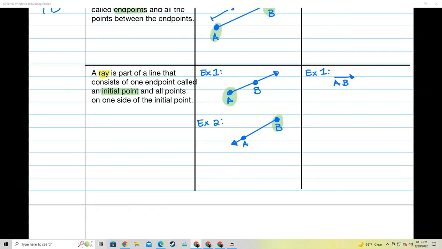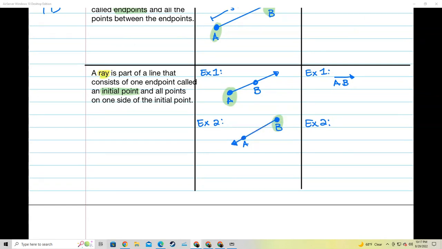Now, for example number 2, this is where the order matters. We're going to follow the exact same format. If I want to talk about this ray, I need to talk about where the ray starts and where it goes through. So it started right here. My initial point is at B. This is where my ray started, and then it went in the direction of A and went through it.